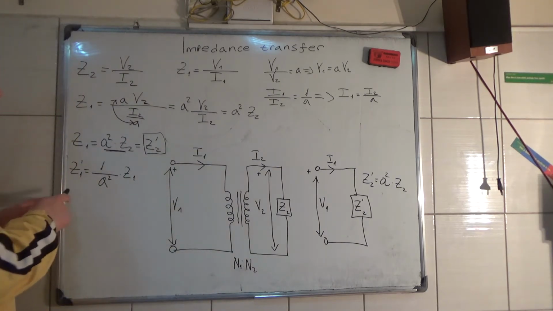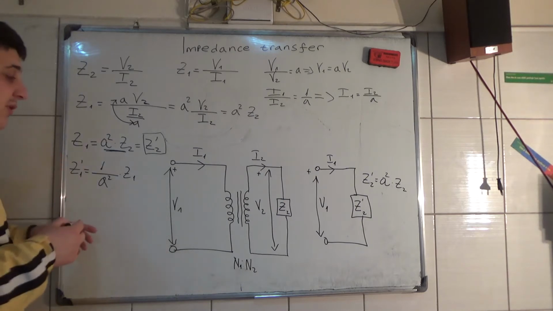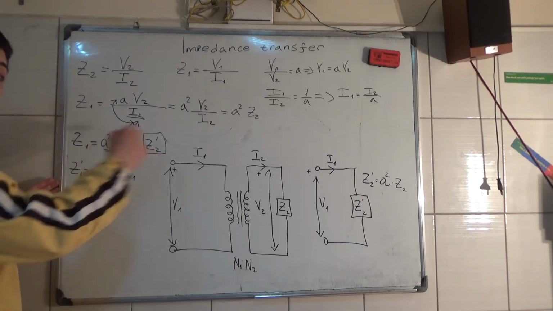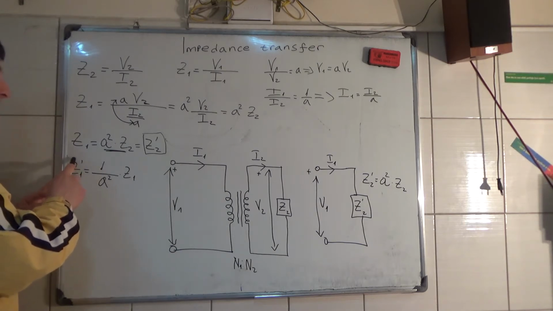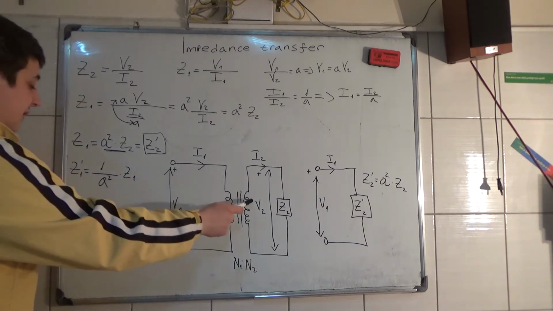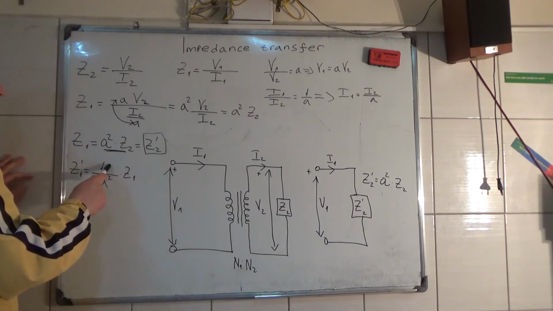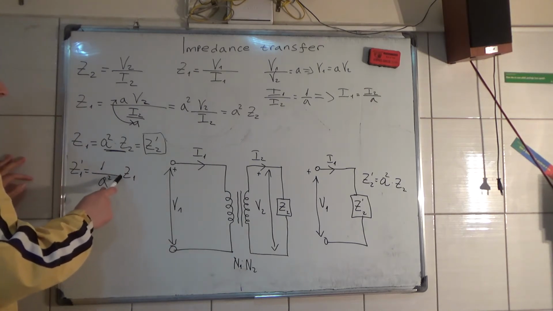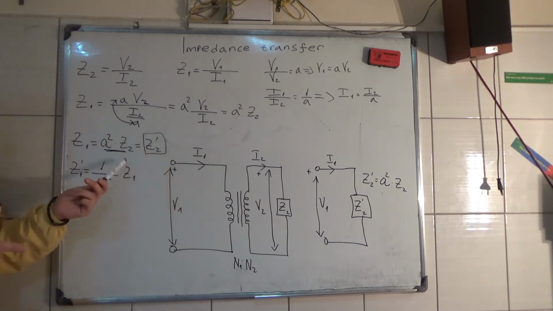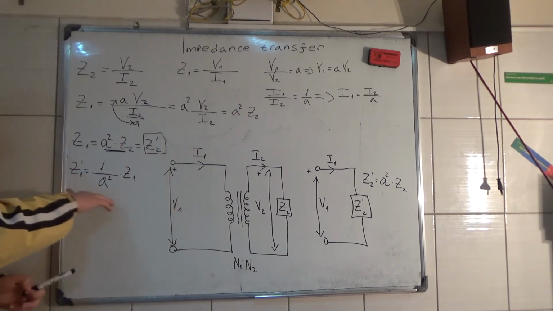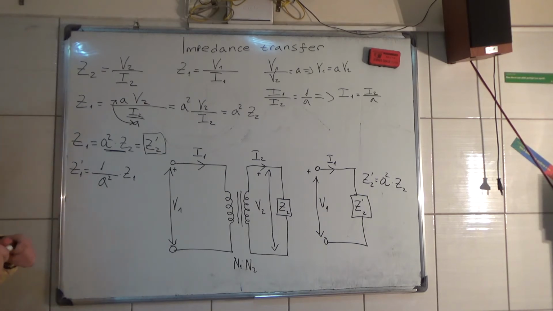Now, if you want to transfer from the primary to the secondary side, then Z1 prime is the impedance transferred from the primary to the secondary, and is equal to 1 divided by A squared times Z1. But usually we do it from the secondary to the primary, though we can also do this.